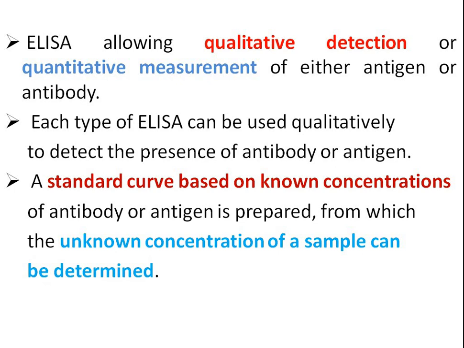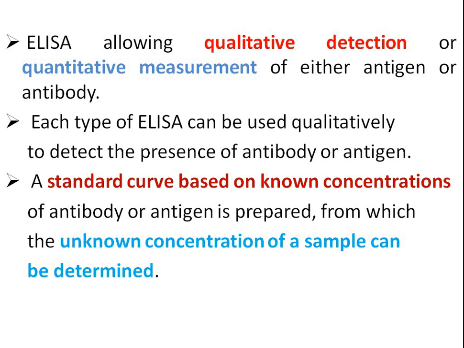Each type of ELISA can be used qualitatively to detect the presence of antibody or antigen. Then a standard curve based on known concentrations of antibody or antigen is prepared, from which the unknown concentration of a sample can be determined.